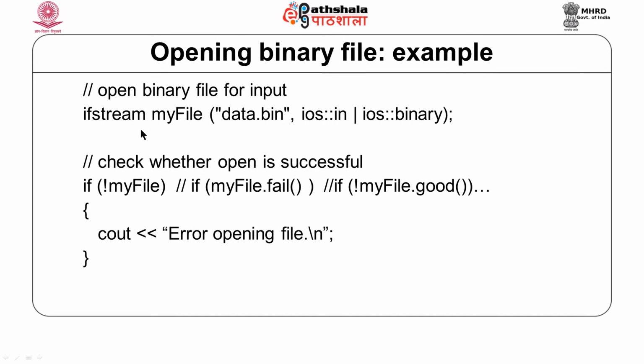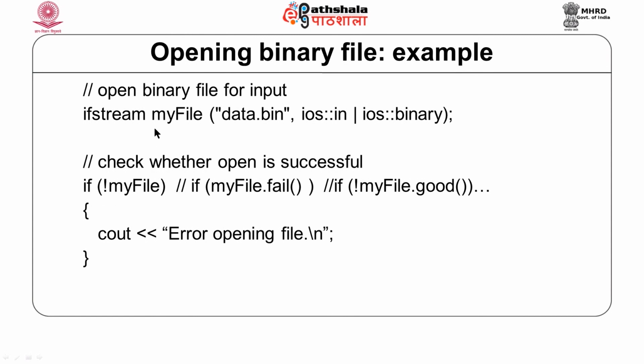Now, after any file IO operation, as we have seen with text files also, it is better to check whether the operation is successful or not. So, here we can check whether open is successful or not by using the open function.